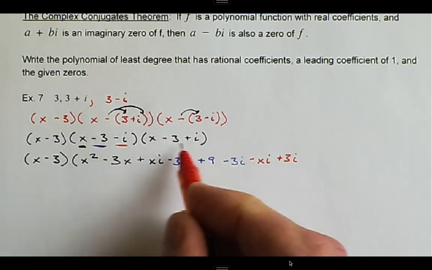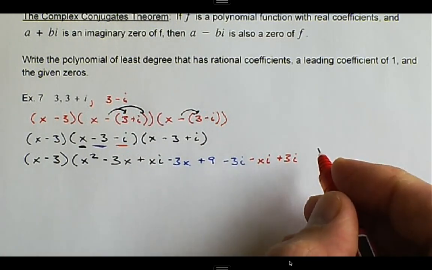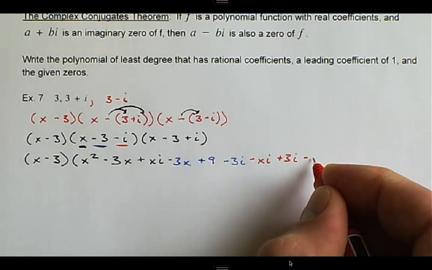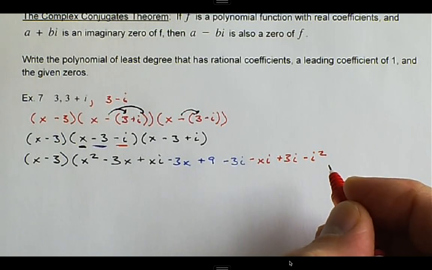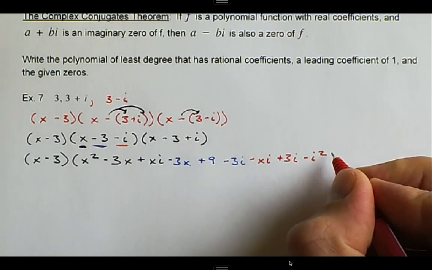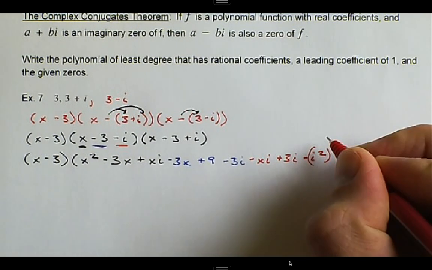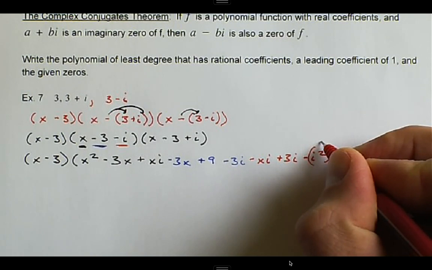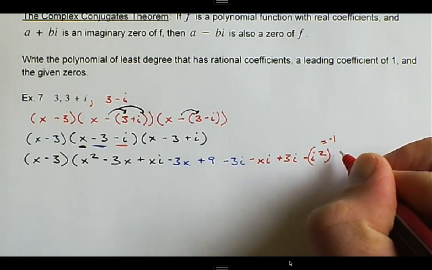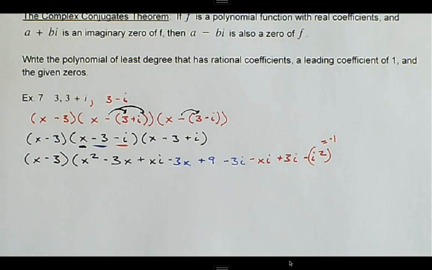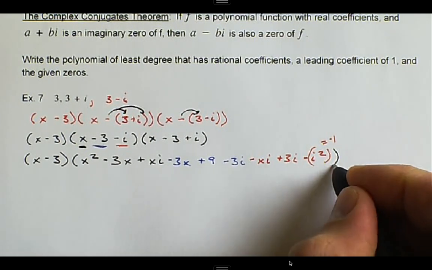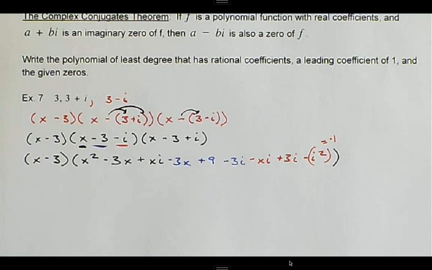And negative i times i is negative i squared. And we remember that i squared is equal to negative 1. So we have a lot of things that we can actually cancel out.